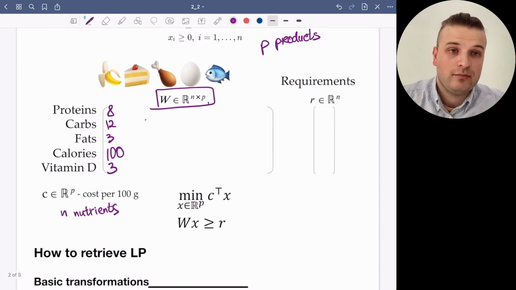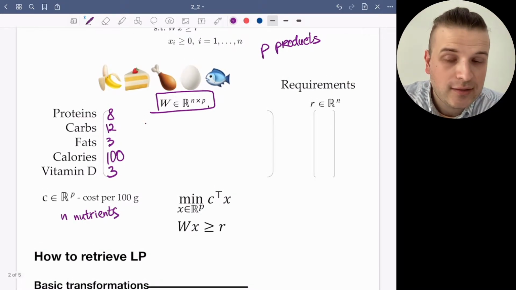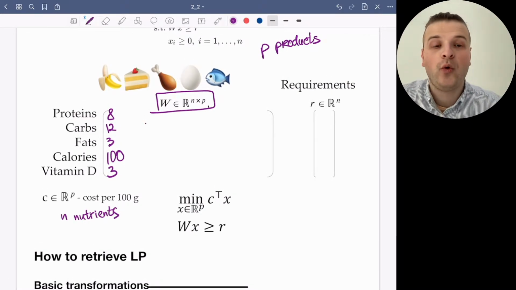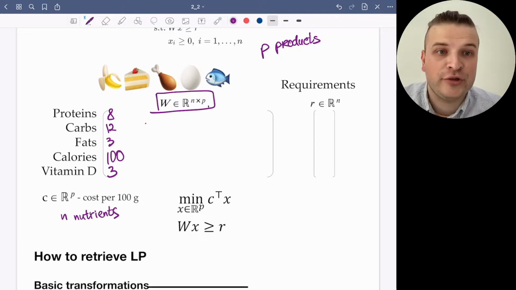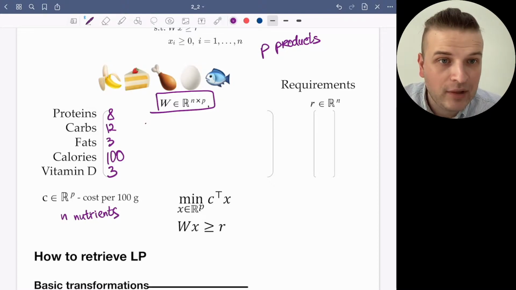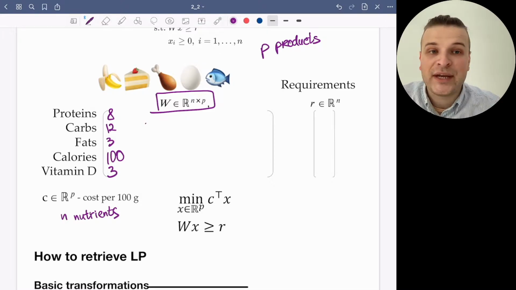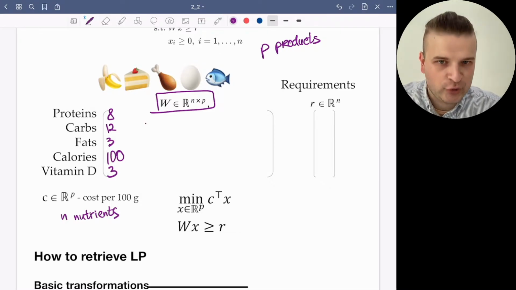But we are to construct a diet, or to buy a set of products in a supermarket, for example, that meet some requirements. These requirements could be lower limits or upper limits, for example, upper bounds.